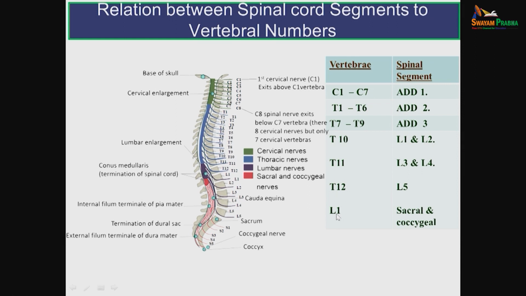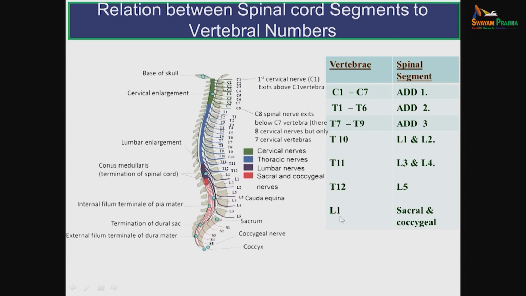And the L1 vertebra is the point where your spinal cord ends. Underlying is not the L1 segment, but the sacral and coccygeal segments. This is because the spinal cord has shifted rostrally and ends at the level of L1.